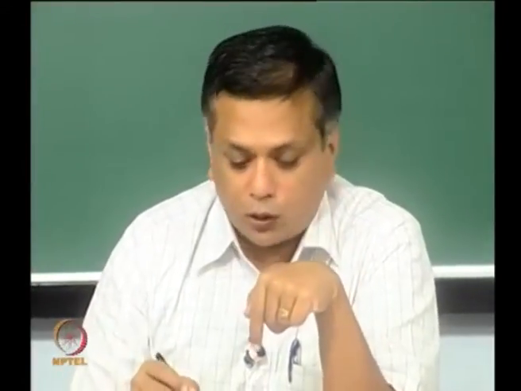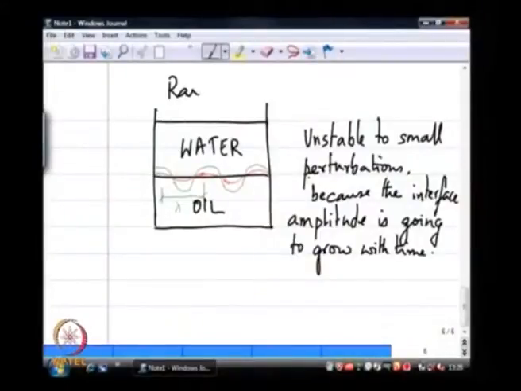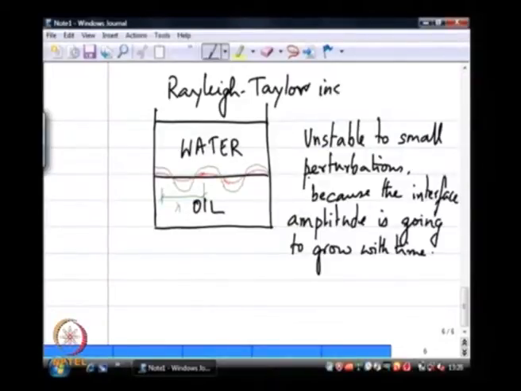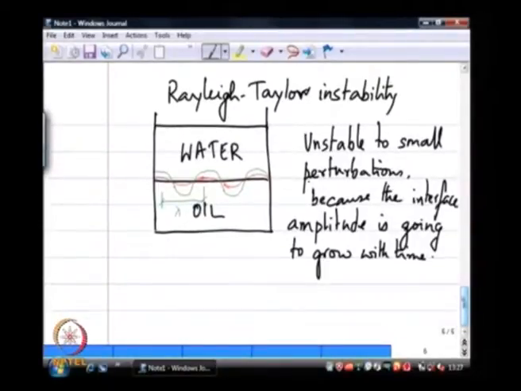Now, this kind of an instability is not something that is new. It was discovered back in the mid 1800s and it goes by the name Rayleigh-Taylor instability. Now, we are only going to talk about this in a physical sense for now, but we will come to the mathematics shortly.